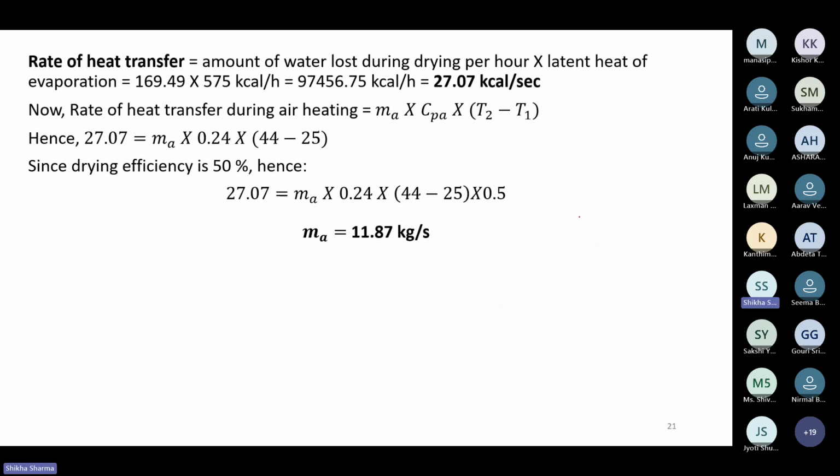So rate of heat transfer is equal to amount of the water lost during drying per hour into the latent heat of evaporation.